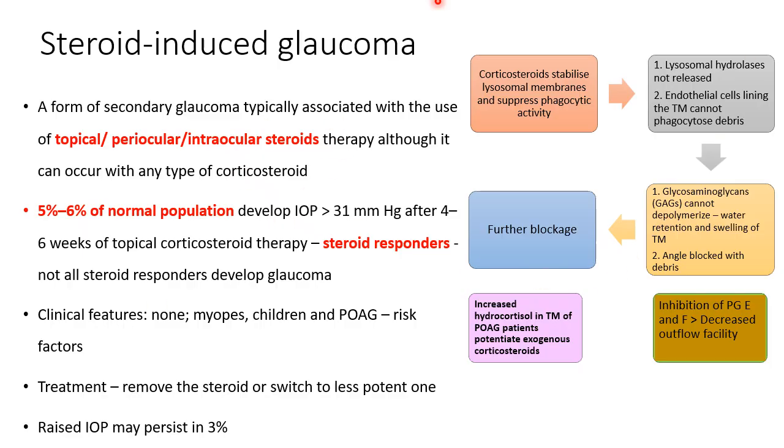There are no clinical features, the eye is quiet, or maybe clinical features suggestive of the disease for which you are giving steroids may be seen. Treatment: you either remove the steroid, switch to an alternative, or switch to a less potent steroid. Despite stopping the steroid, you should know that IOP may still be raised in 3% of the population.